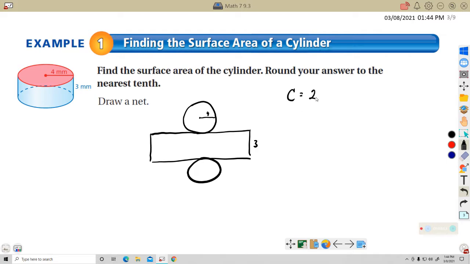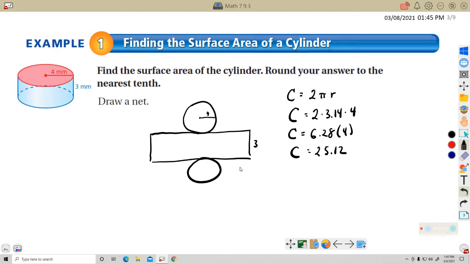The circumference is 2 pi r, so it's 2 times 3.14 times 4, which is 6.28 times 4, 25.12. Okay, so that's my circumference.